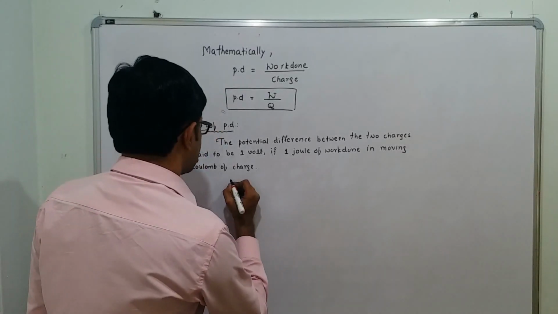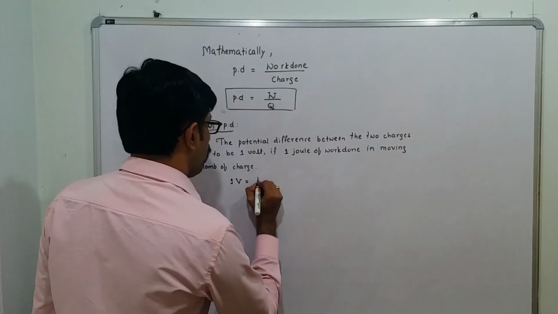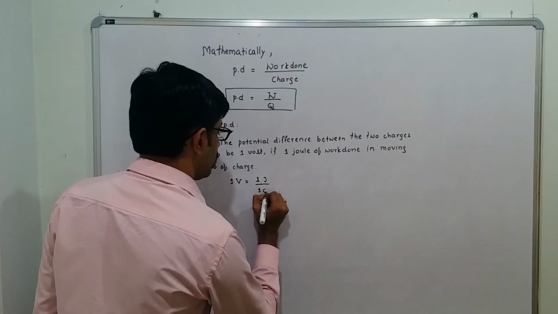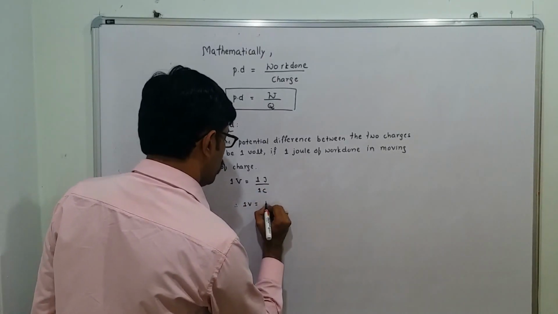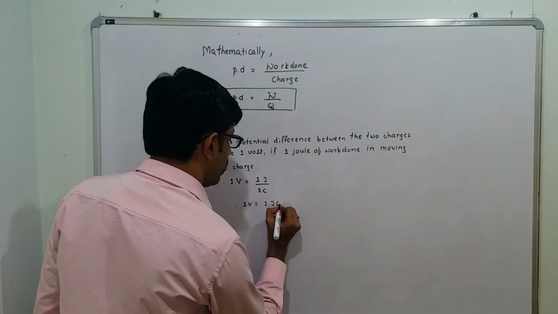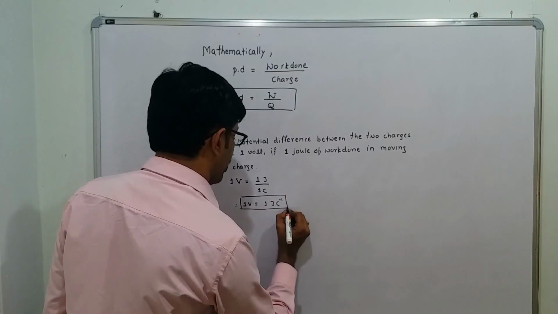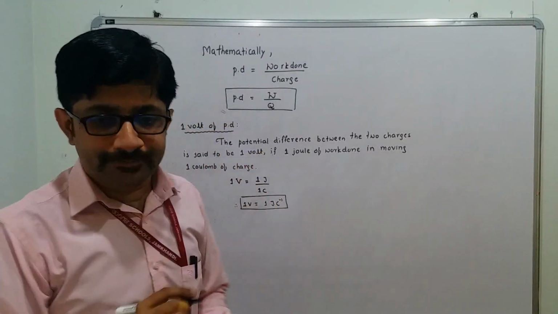That's why it is written as 1 volt is equal to 1 joule divided by 1 coulomb. Therefore, 1 volt is always equal to 1 joule per coulomb.